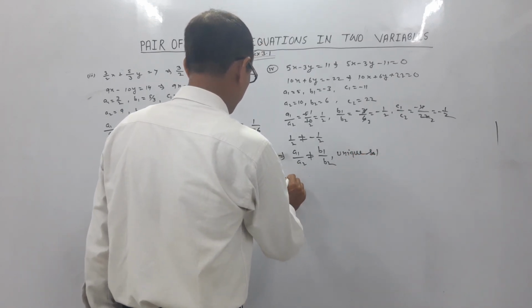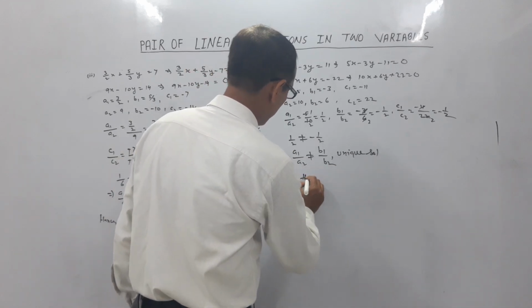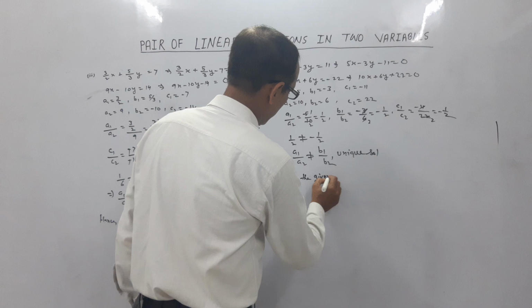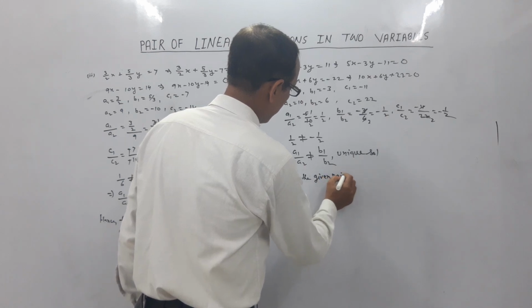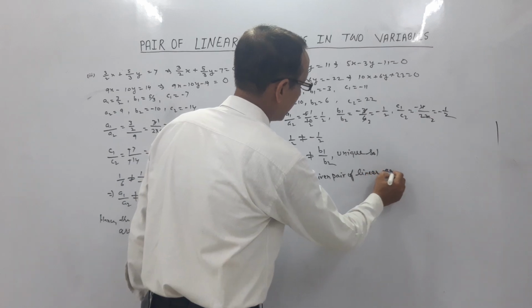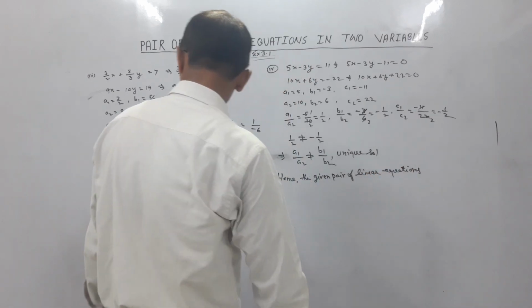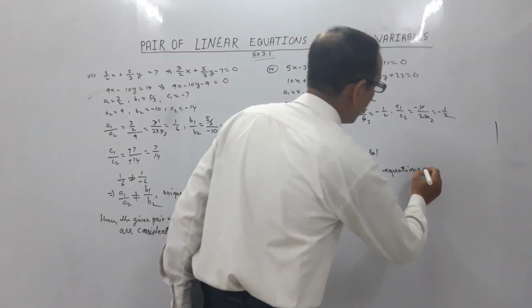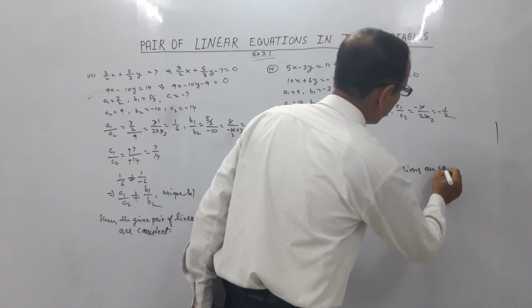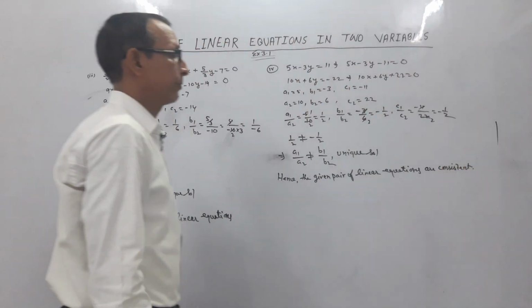Hence the given pair of linear equations are consistent. This is the example of consistent.